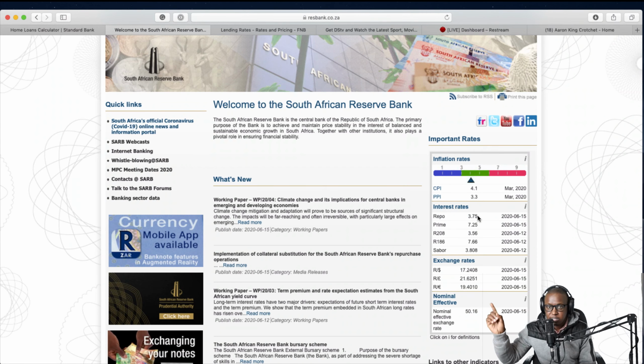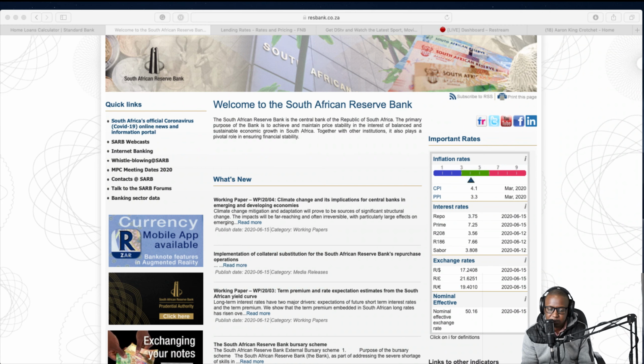If you look here, the current repo rate is 3.75. This is the rate that the Reserve Bank charges the bank when they borrow the money. And then when you borrow money from the bank, for example, when you apply for car finance or a home loan, the bank will charge you the prime rate. Currently it's 7.25.